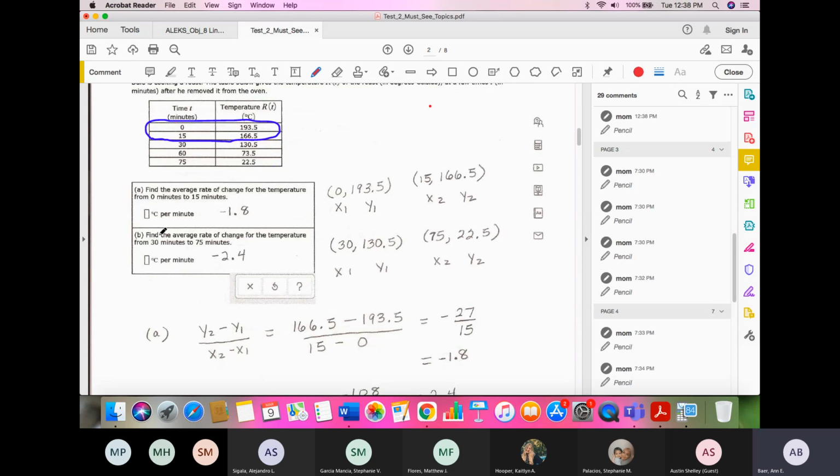So the first number we want to have for T is 30 minutes. 30 minutes right here. So here's 30. We want this one. That ordered pair. And then it's from 30 minutes to 75 minutes, so we want 75 minutes, which is down here.